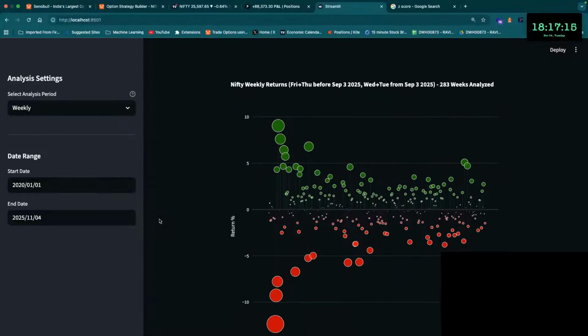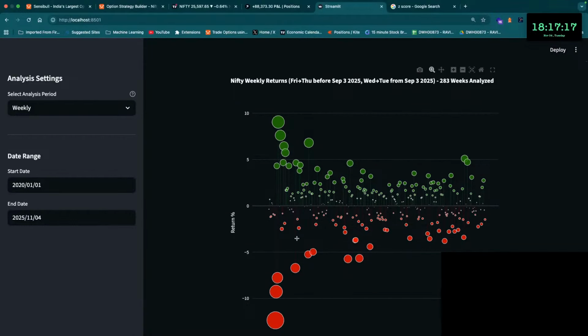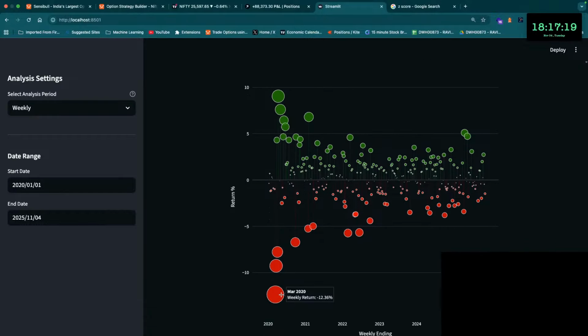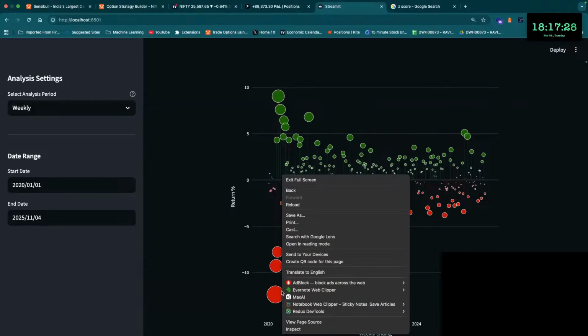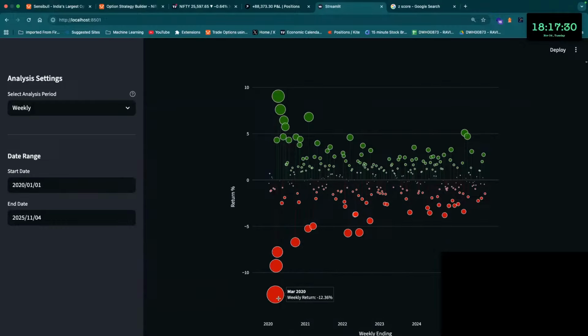And these are all the balloons that you see. I just want to make it visually appealing, so there is nothing right or wrong. Here, this actually shows how much Nifty has moved in that particular week, and these are also some of the other weeks.